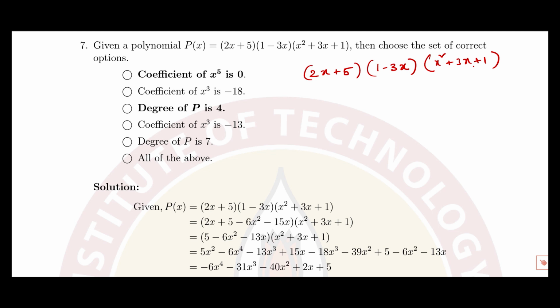We use the FOIL method. So 2x times 1 will be 2x, plus 5 times 1 will be 5, minus 2x times minus 3x will be minus 6x square, and 5 times minus 3x will be minus 15x, and this needs to be multiplied with x square plus 3x plus 1.